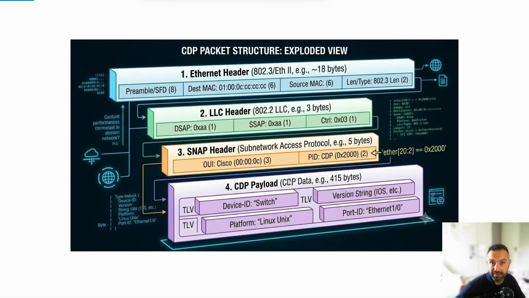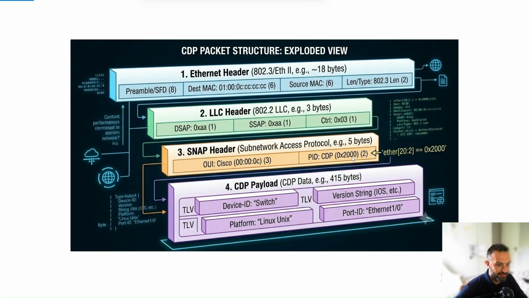Inside the SNAP header, Cisco identifies CDP using a protocol identifier of hexadecimal 0x2000. If you look here, this is what we need, the 0x2000, and that's exactly what we are going to filter on.